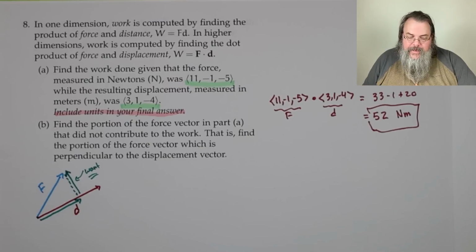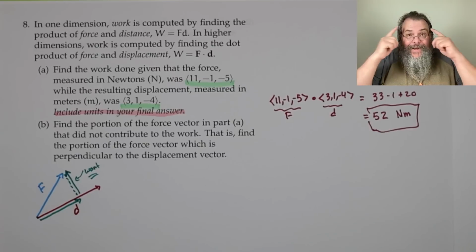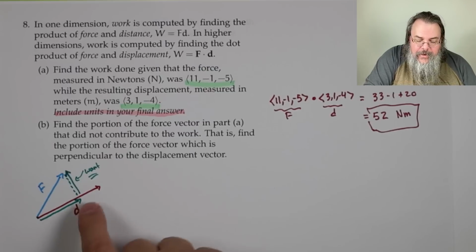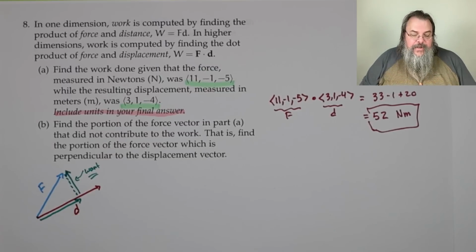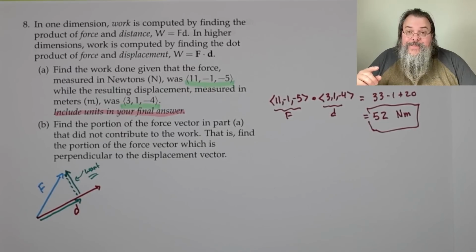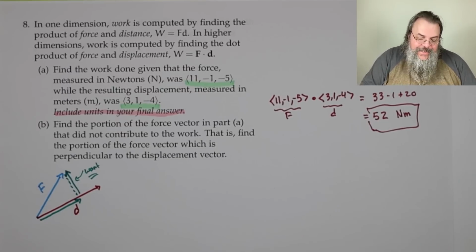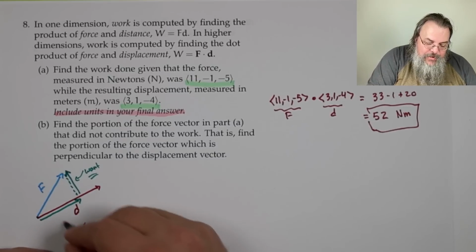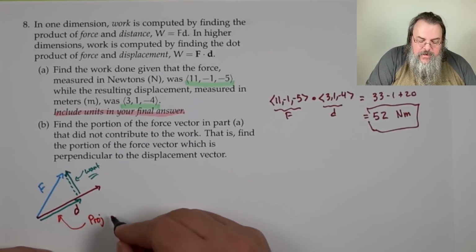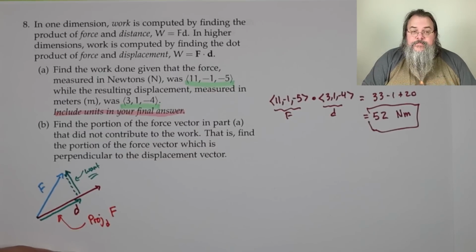So how do we get there? Well, idea. This is the part of force that did contribute to work. What does that look like? That looks like the projection. So we say, well, let's start with this portion here. This is the projection of force onto displacement.